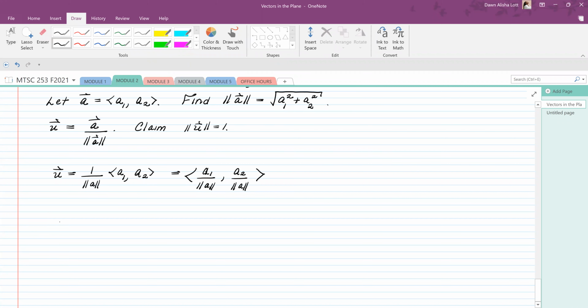So the length of u squared is A1 squared over the length of A squared plus A2 squared over the length of A squared. That's just A1 squared plus A2 squared over the length of A squared.